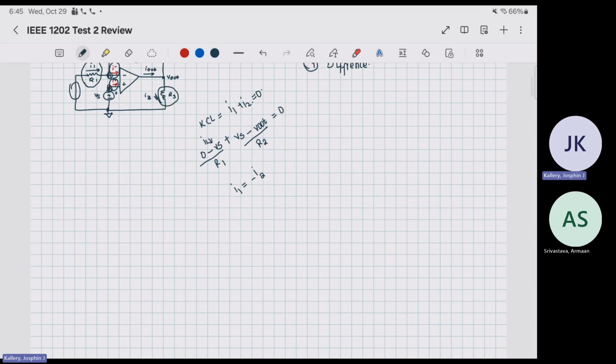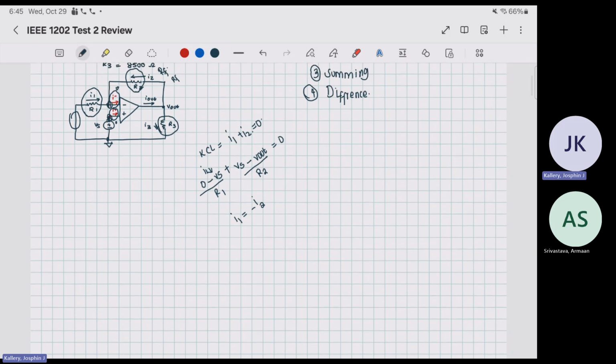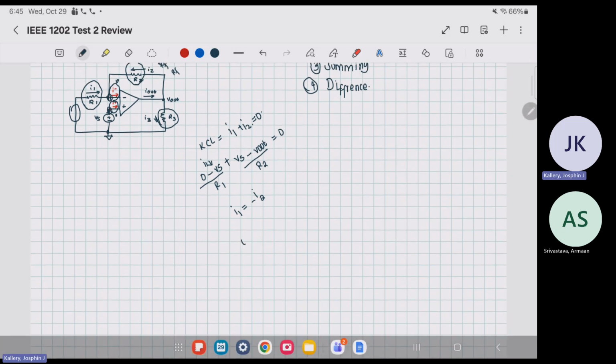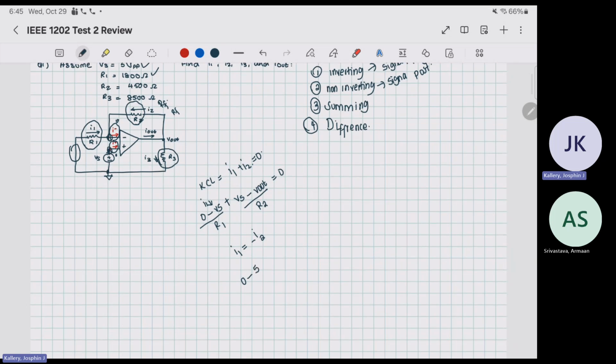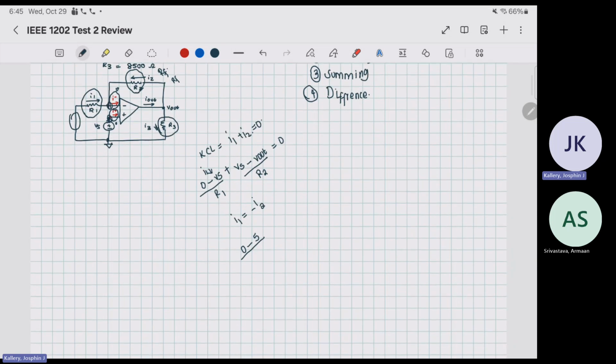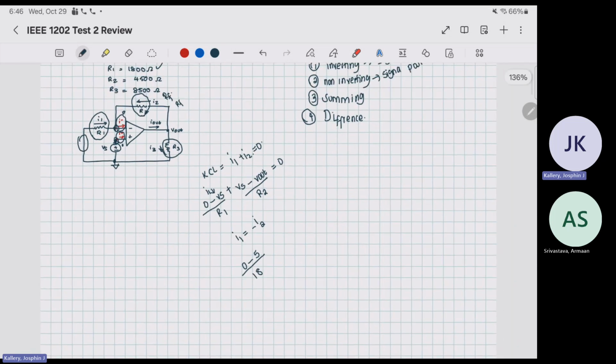So since we are trying to find I1, we are going to have 0 minus 5 over R1, which is 1800. I'll just use my calculator. Minus 5 over 1800.